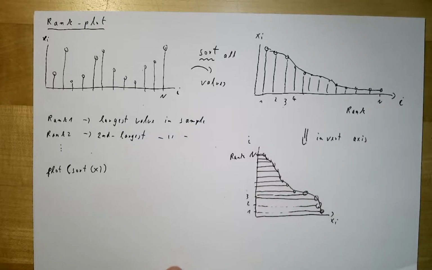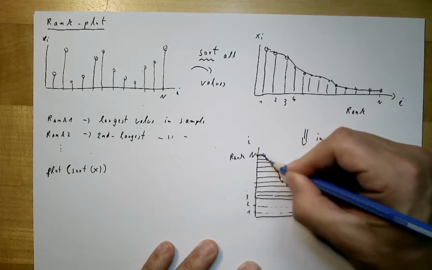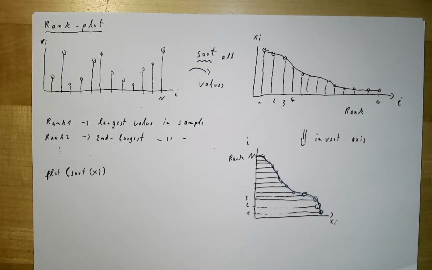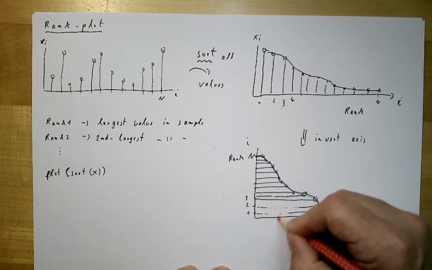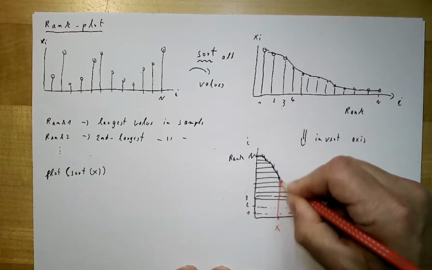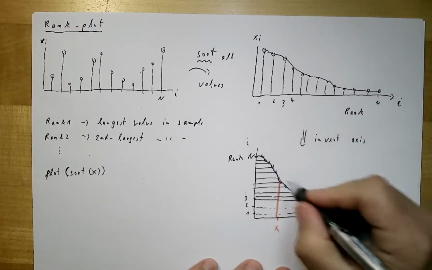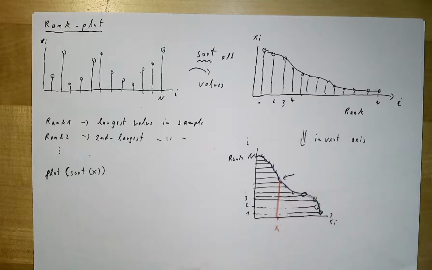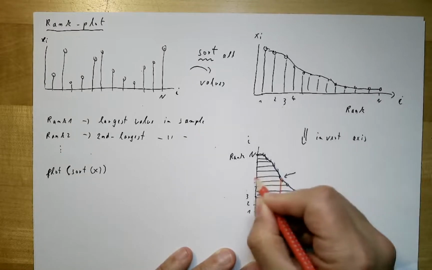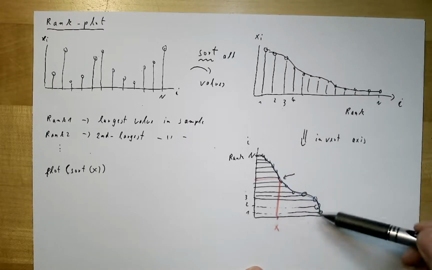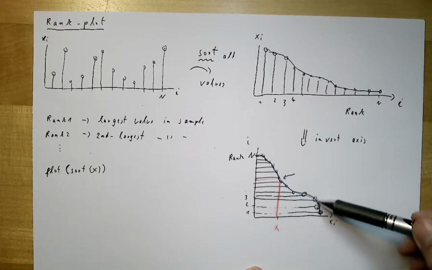And now we can look at what the resulting function means if we take it at a certain value x. What does this value here mean? When you think a little bit, this value here, because we count here, so that's the first, the largest value, second largest, and so on.